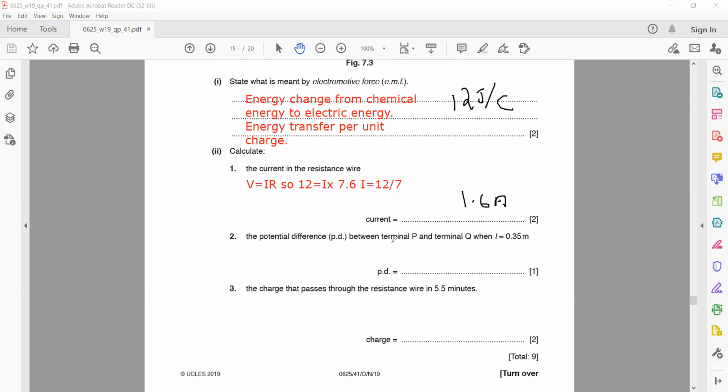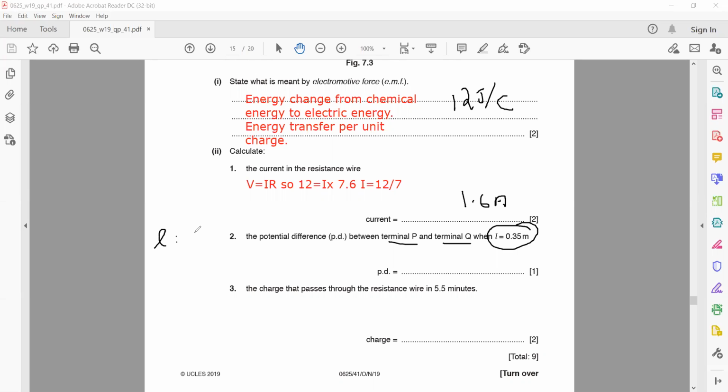The potential between the terminals P and Q for the length 0.35. Resistance and voltage are directly proportional, and resistance and length are directly proportional. It's a 1 mark question, so even if you don't use a formula, you can use a simple ratio.